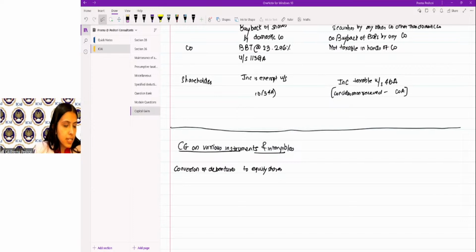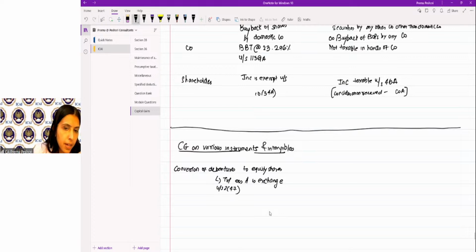Yes, this is considered as transfer, because this is an exchange. So this is transfer under section 2(47), because this is an exchange. All right. So when you're converting debentures to equity shares, this is itself regarded as transfer because this is an exchange. Clear?